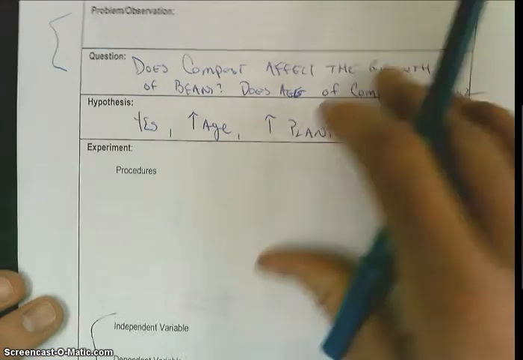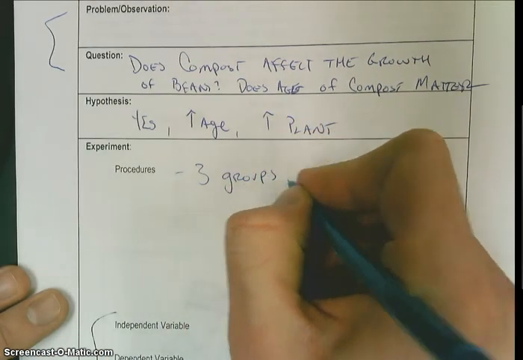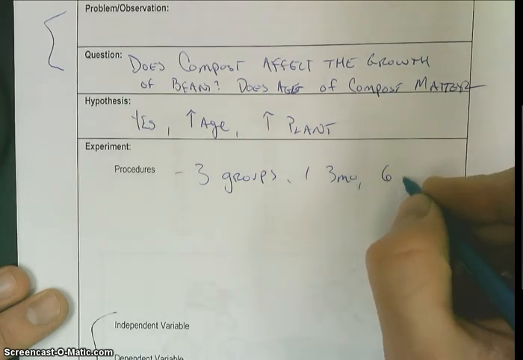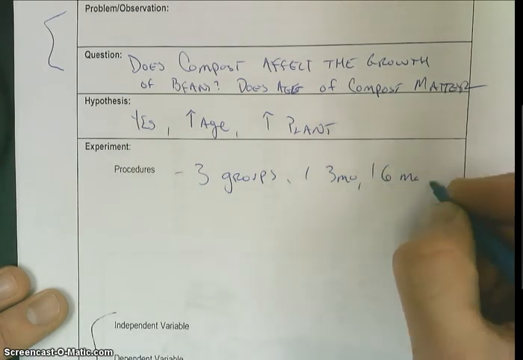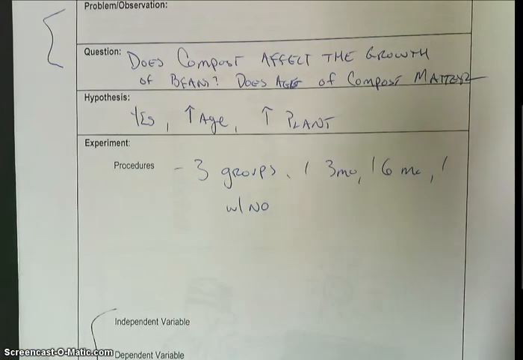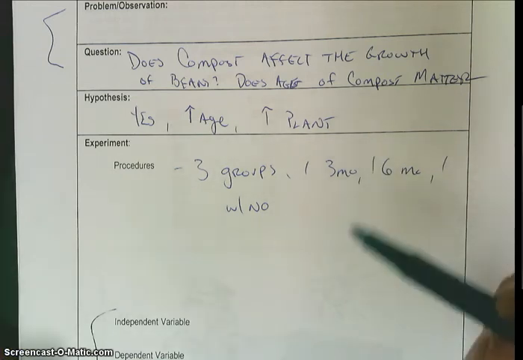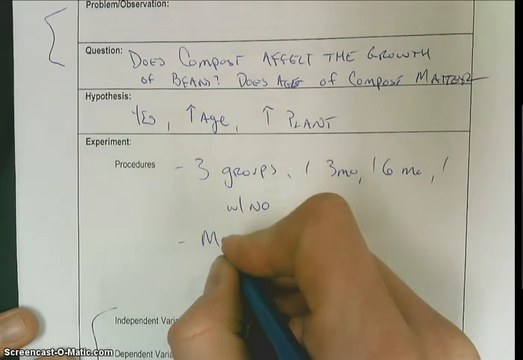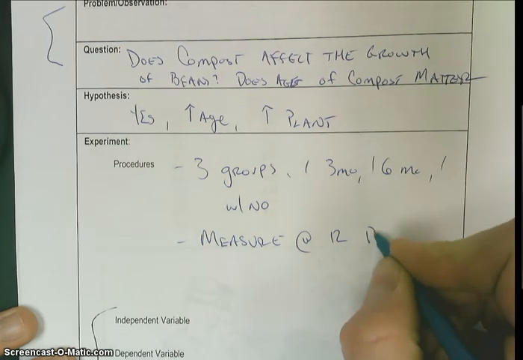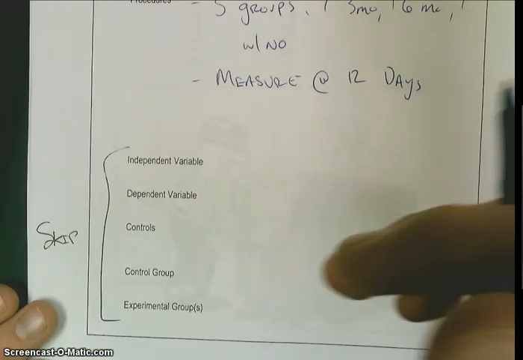He had three groups: one with 3 month, one with 6 month, and one with no compost. He compared their heights, measured at 12 days.